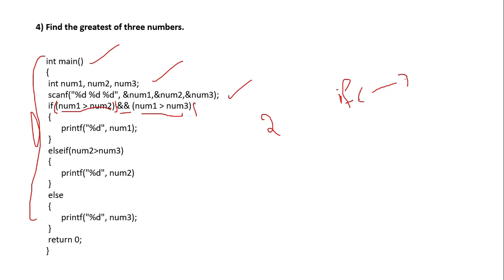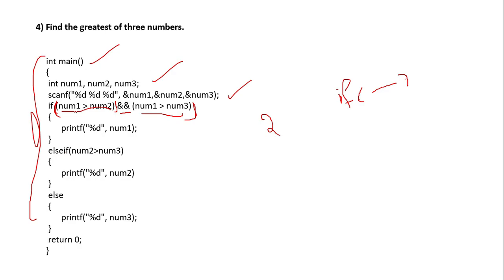So we need to close one here and we need to open one here to check the condition. So this is one thing, and here you need to use a space for else if.